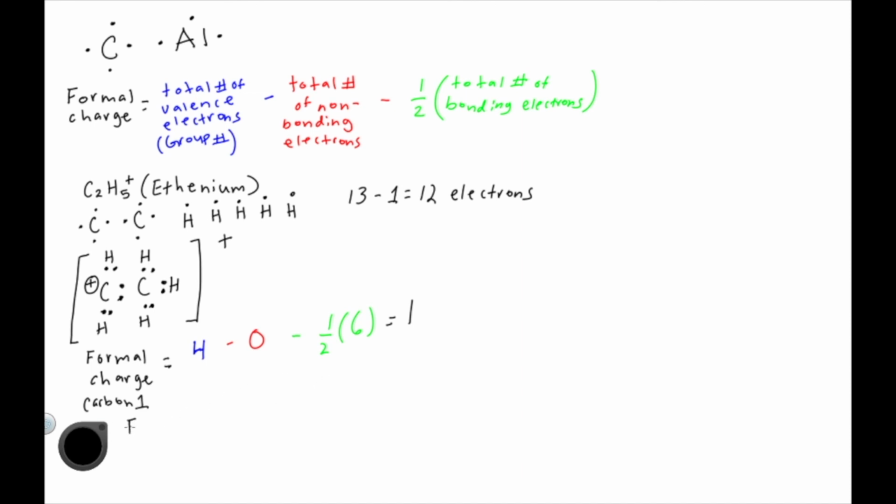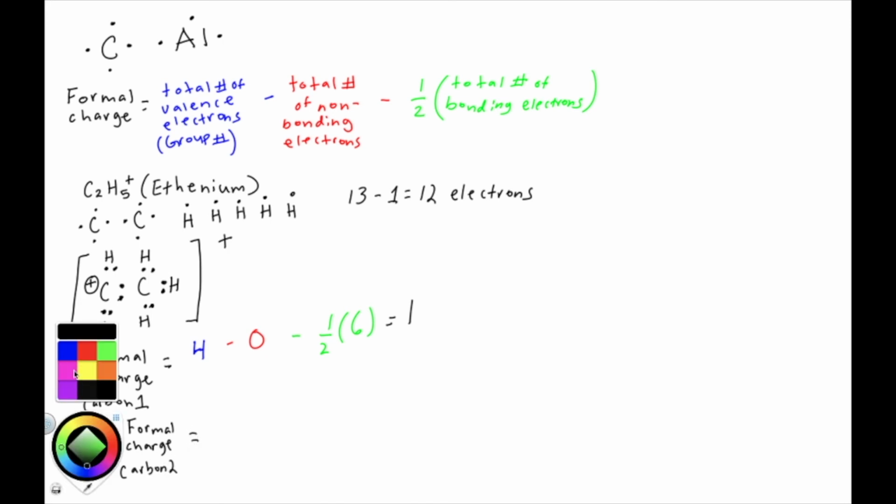So the formal charge of carbon 2 is going to be equal to the total number of valence electrons, right, which we found out before to be 4, because carbon is in group 4, and then we're going to subtract the total number of non-bonding electrons, right?